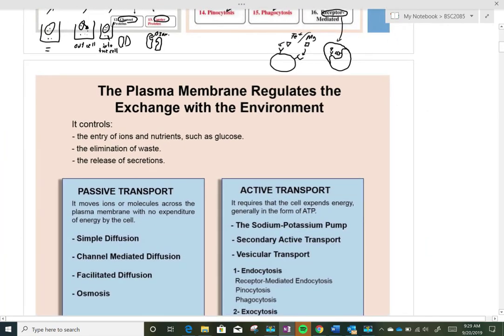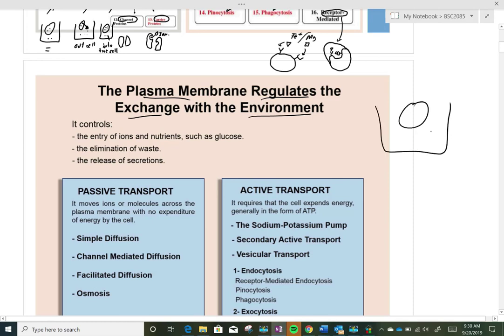So everything goes through what? Plasma membrane, correct? That plasma membrane is going to be regulated by, of course, the exchange with the environment. What environment are they referring to? Remember we talked about the solutions. We said that you had a cell and then you have a surrounding liquid, right? The solution. So this is the solution, right? That solution in the cell, in our body, is called what?